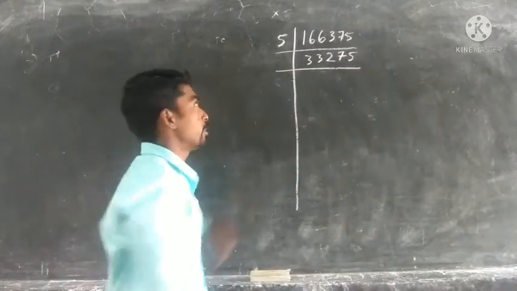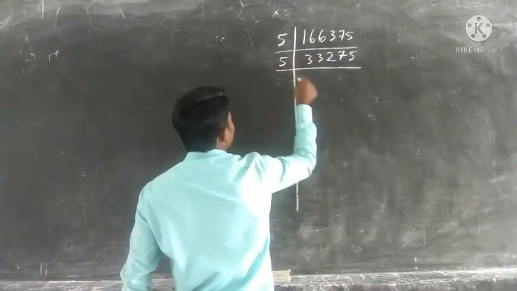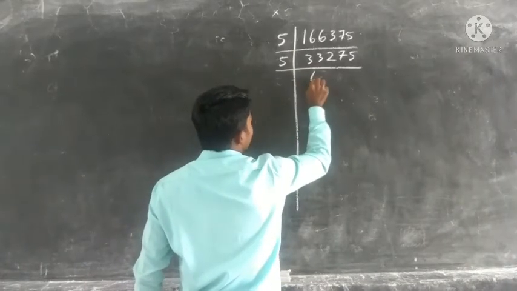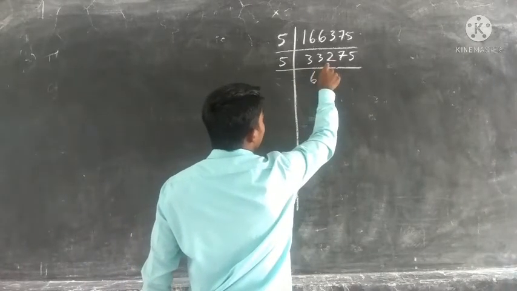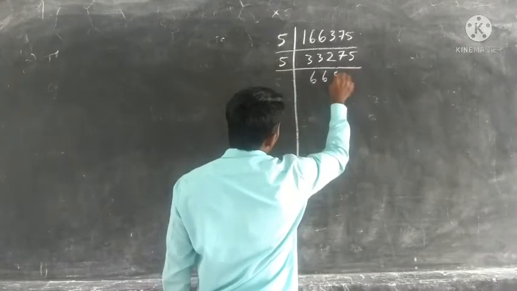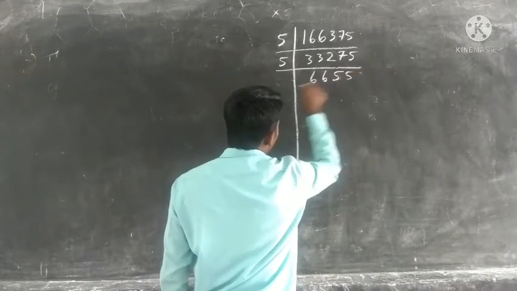Again we can divide by 5. 6 5s are 30, remainder is 2. 6 5s are 30, 5 5s are 25, 5 5s are 25.